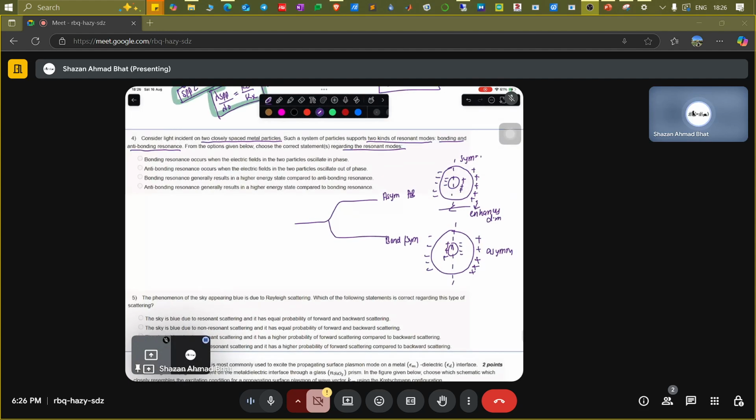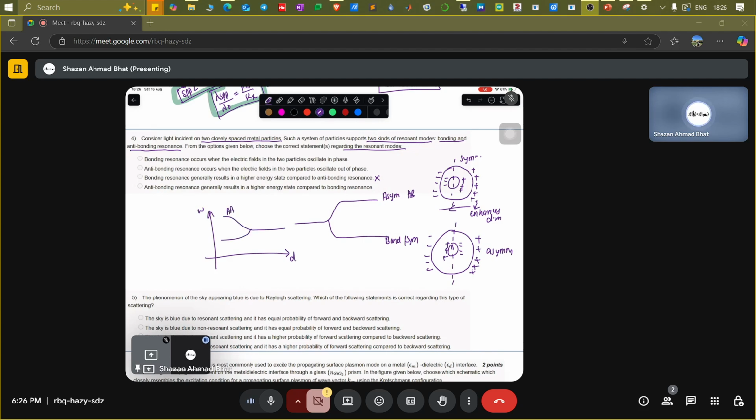So which of the following do we have to see? We have to see that bonding resonance occurs when electric fields in two particles oscillate in phase with each other. This one is wrong because the bonding gives you the lower. You saw the graph of omega versus d, where d is the size, so it goes like this.